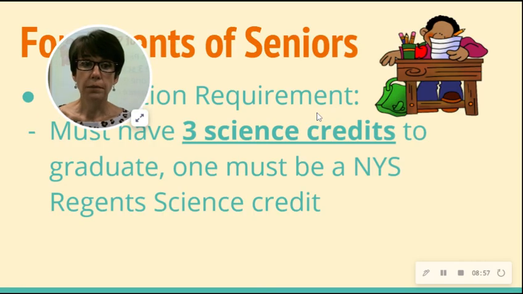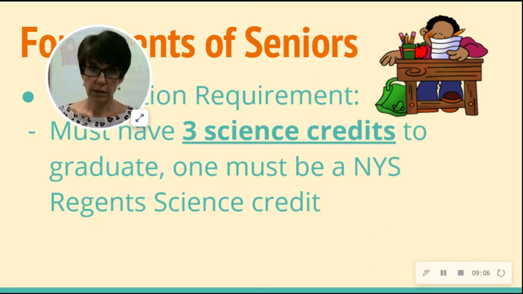So, just a couple of things about seniors. If you have a senior student, please make sure, and I'm sure this is not an issue, but to graduate from high school, seniors need 3 science credits. One of them has to be a New York State Regent Science credit. So most of the students that get to me in anatomy and physiology have met that requirement as freshmen in living environment.